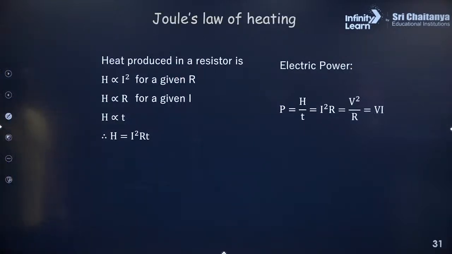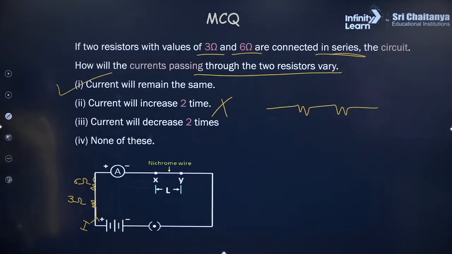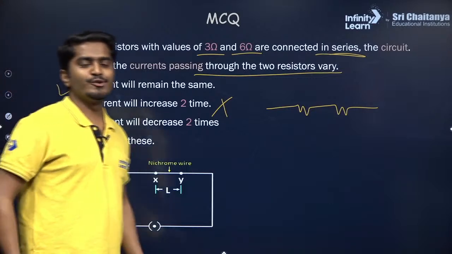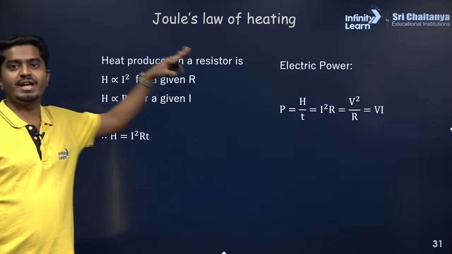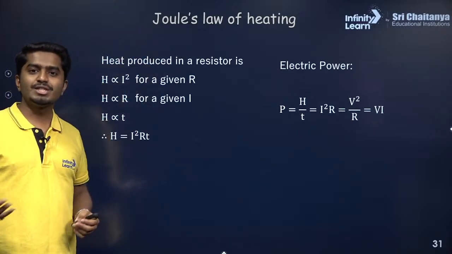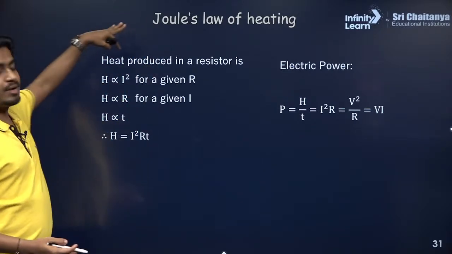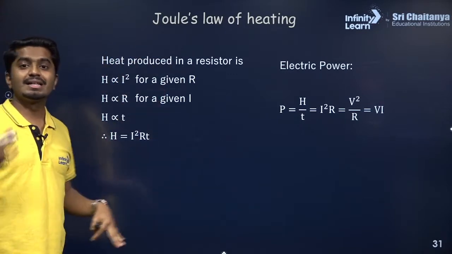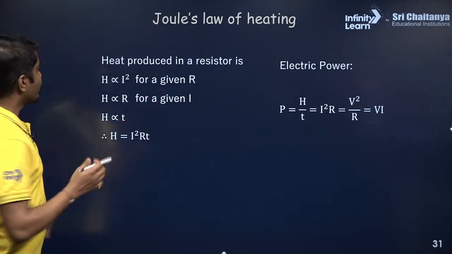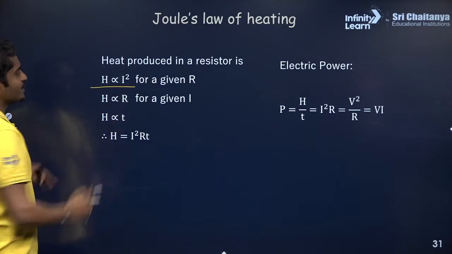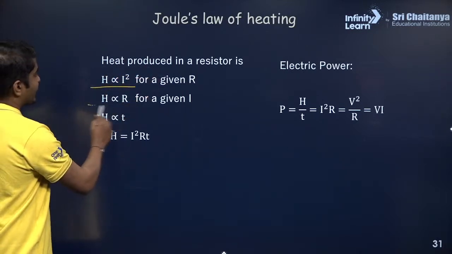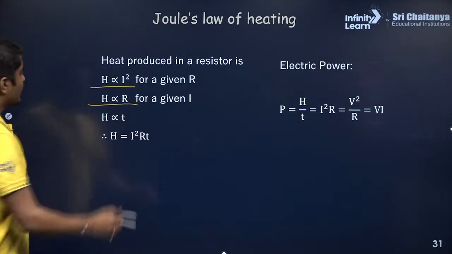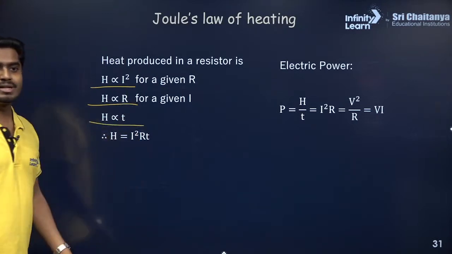Now the next one, only these 2 questions, easy for you. Next topic is Joule's law of heating. So what is Joule's law? Joule was a scientist who discovered the heating effect of current. What he said is, the heat produced is directly proportional to the square of the current, directly proportional to the resistance, and directly proportional to the time.